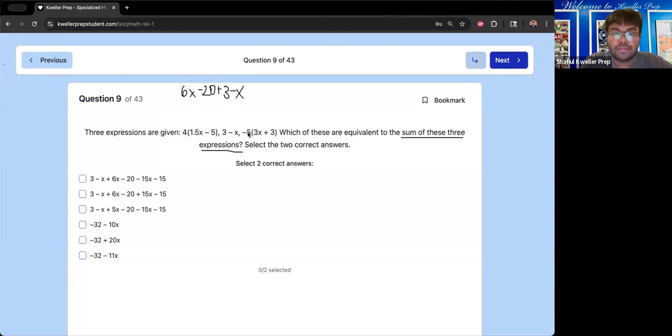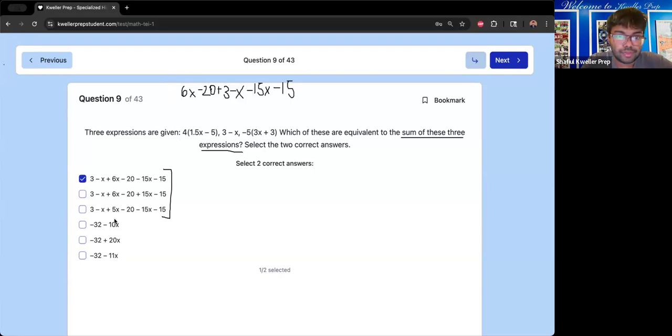Next one, -5 times 3x plus 3. -5 times 3x is -15x. -5 times 3 is -15. Okay. Which one is the correct one? Let's look at all these. One of these has to be correct. Comparing our equation on the top with our equation on the bottom, it's just going to be this one here. None of the other ones make sense.